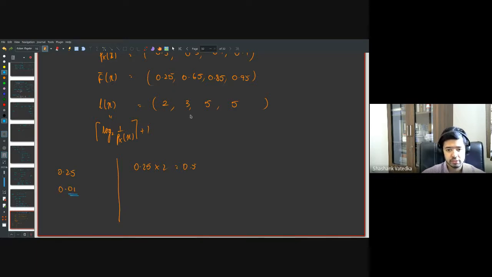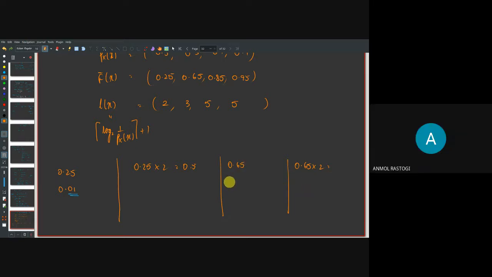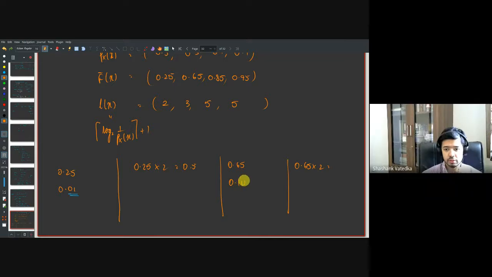Now let's take 0.65. I want the first 3 bits in the binary representation of 0.65. Multiplying by 2 repeatedly, I get 0.101 and something more, it may go on, but the first 3 bits are 1, 0, and 1. Now, what about the next symbol?